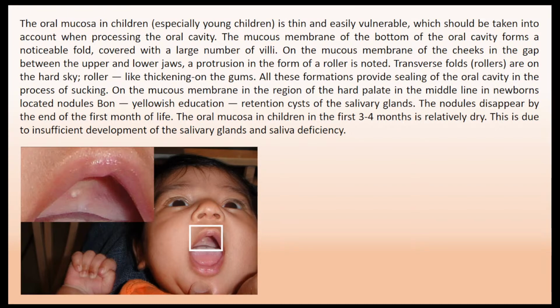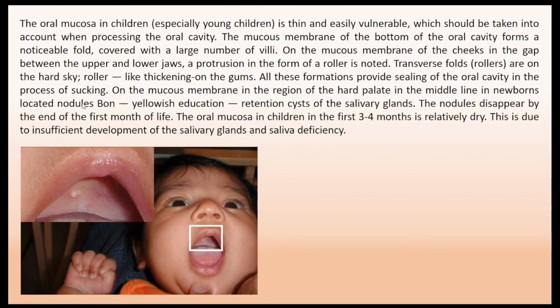On the mucous membrane of the cheeks, in the gap between the upper and lower jaws, a protrusion in the form of a roller is noted. Transverse fold rollers lie on the hard gum like a thin casing. All this formation provides a seal of the oral cavity in the process of sucking. It's a very important mechanism for the process of sucking.